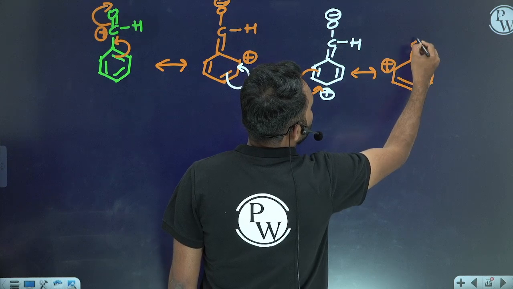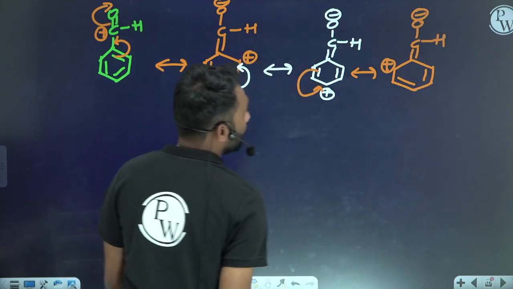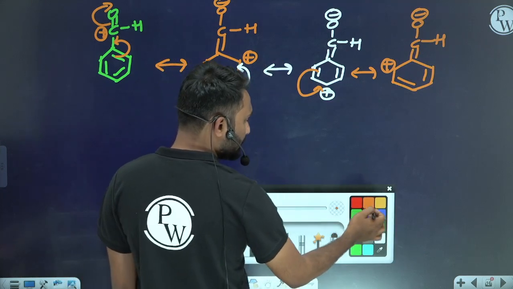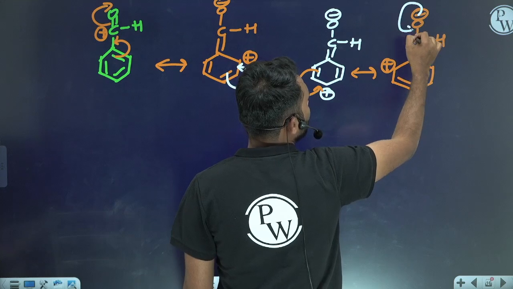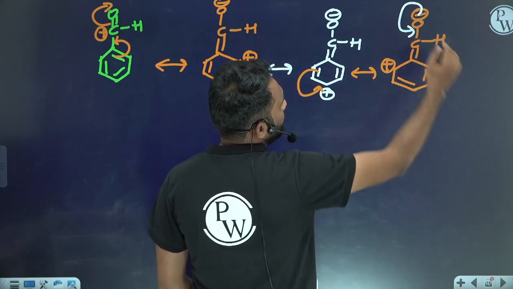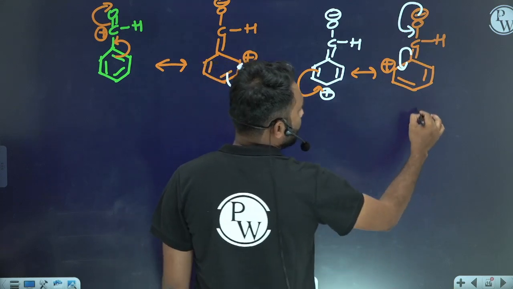Here O minus. Really clear. Now again to stabilize this positive charge, this negative charge will be delocalized and this bond will be delocalized here.